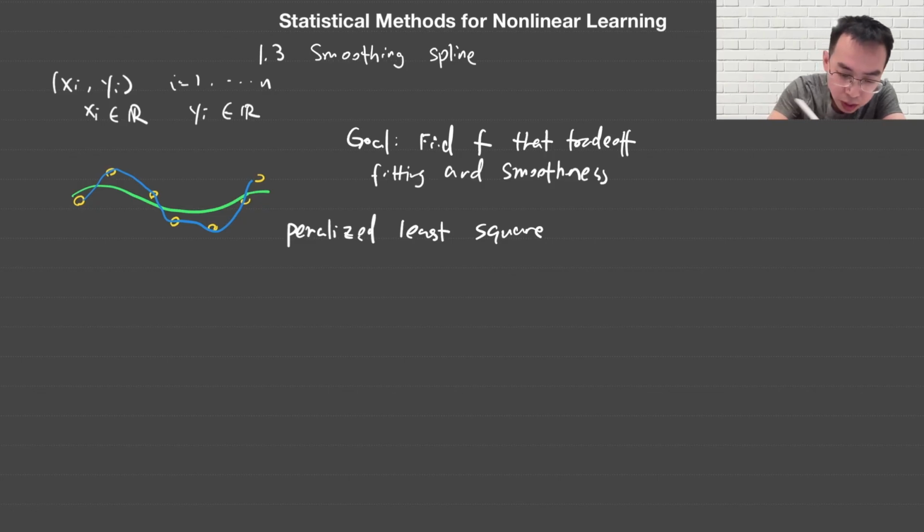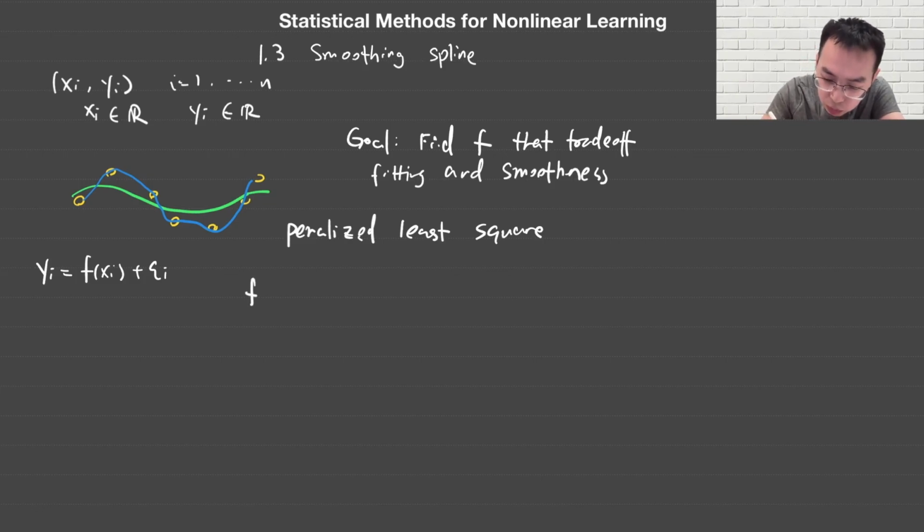So our objective here is to find the function f. Let me just write down here that yi is equal to f of xi plus epsilon i. So that's going to be the relationship between x and y.